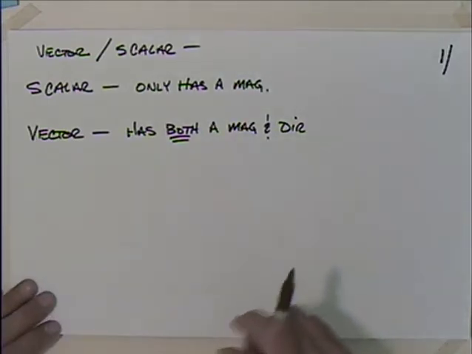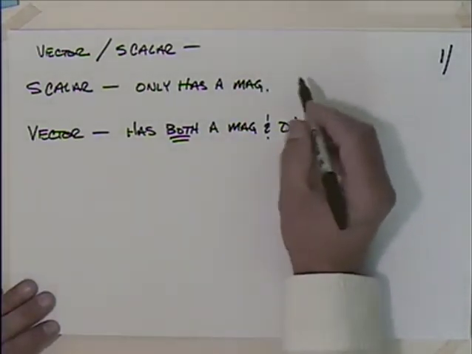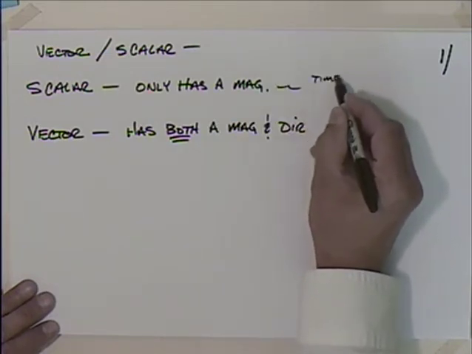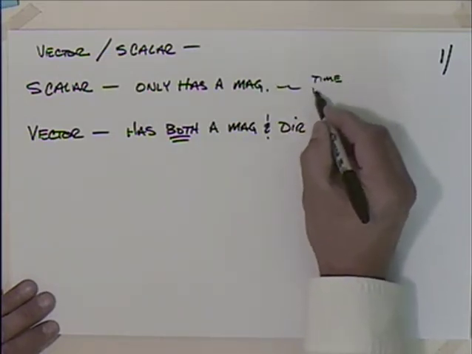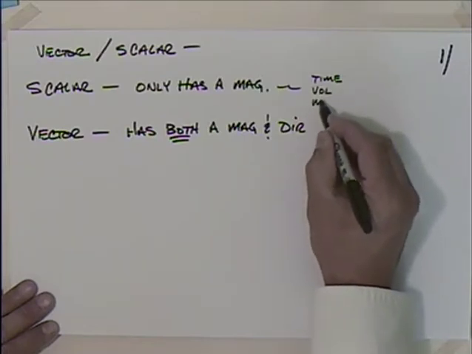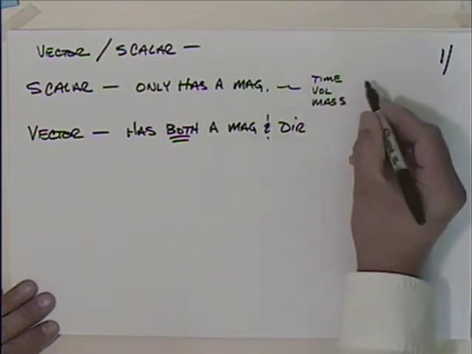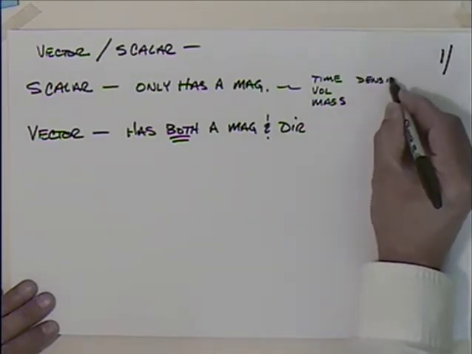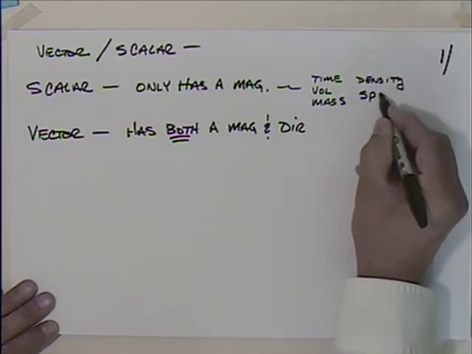If we look then at examples of these, a scalar, good examples are time, volume, mass, density, speed.